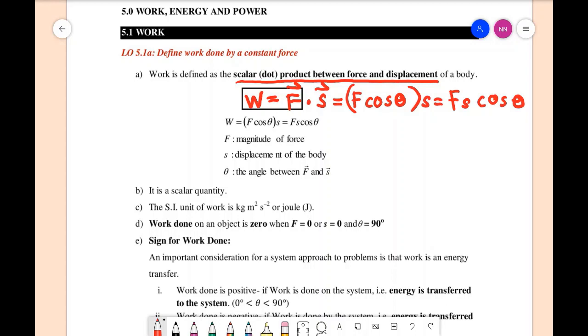Whenever you want to use this formula, the component of force should be the component which is parallel to the displacement. So you must multiply displacement S with the component of force which is parallel to the displacement S.